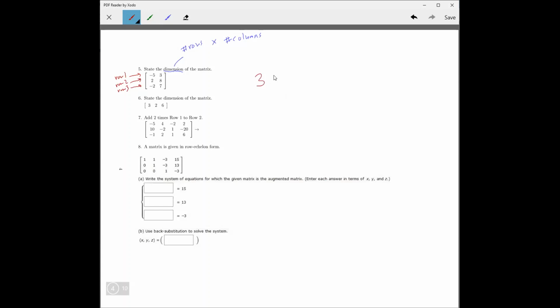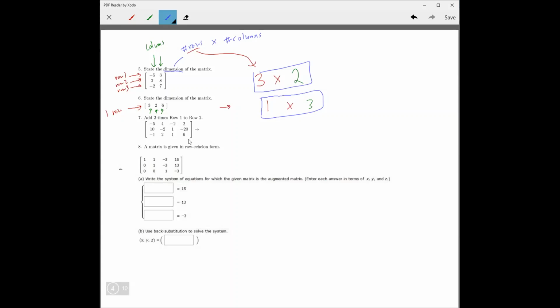So that means there's 3 rows. The columns are these, so there are 2 columns, 3 by 2. Here, there's only 1 row, but there's 3 columns, so 1 by 3. Those are going to be the answers to 5 and 6.